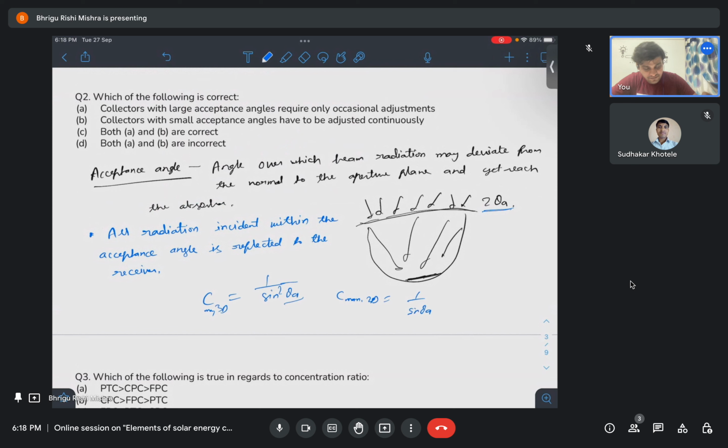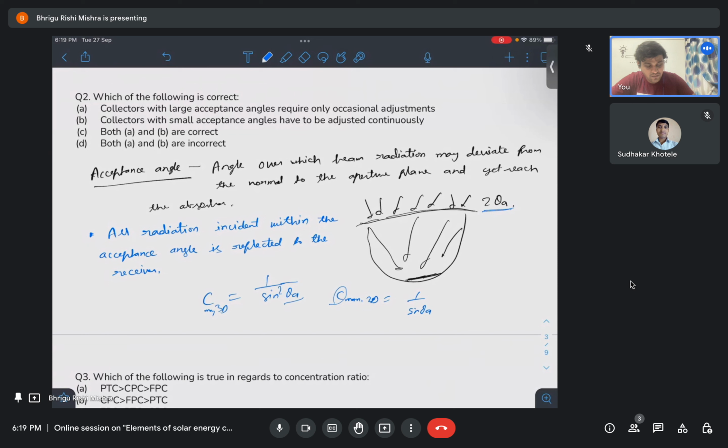So clearly if acceptance angle is large, that means theta is big. So in that case sine theta will also be large, and it approaches 1, and thus this concentration ratio is less. Whereas if acceptance angle is very low, then this 1 by sine ratio will be very large, and thus the concentration ratio will also be very large.